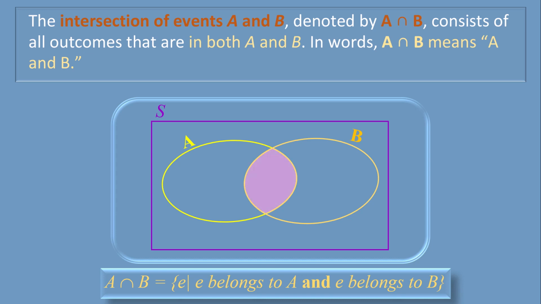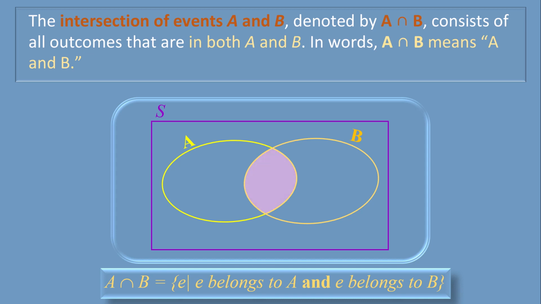That is only A. And similarly, the area right of the common region and in B, that is only B. I will explain this in more detail in a later video.